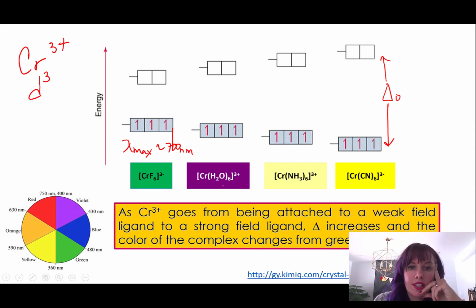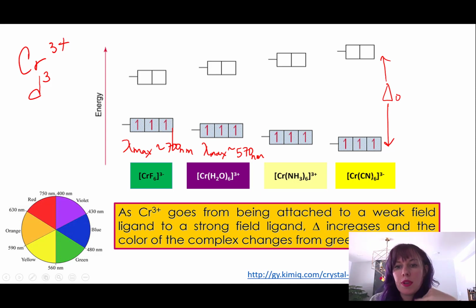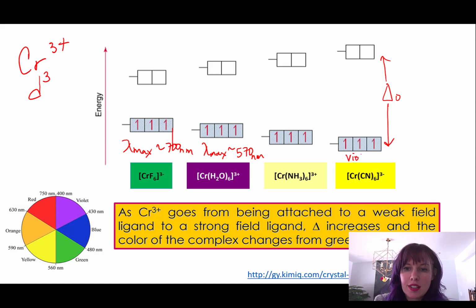For this hexaaquachromium, we have a purple color. So that means we're probably absorbing somewhere in the yellow region. So we could say, okay, lambda max is probably around 570 nanometers. And then our chromium hexaamine and hexacyano are both yellow. So that means that these are absorbing somewhere in the violet.